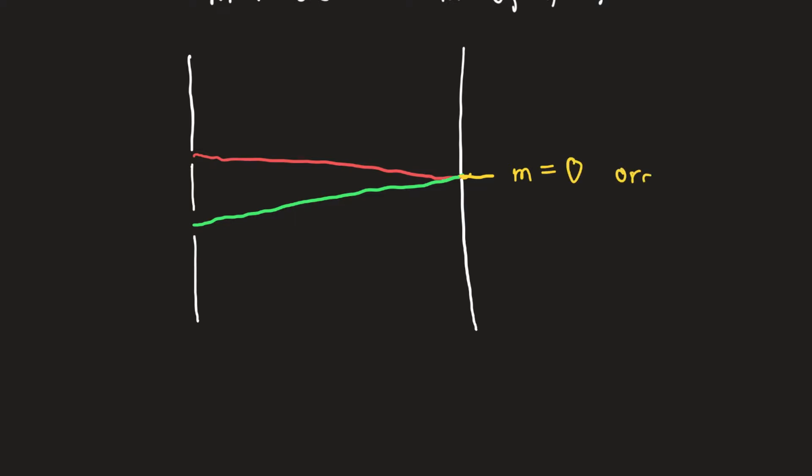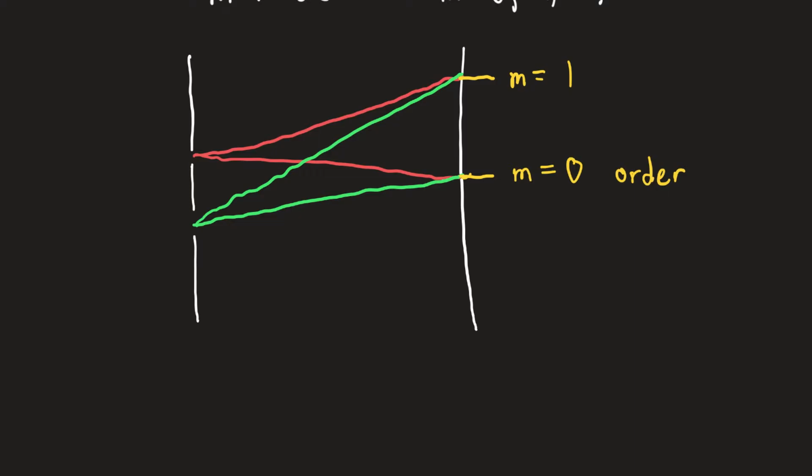This is known as the order of your bright spot. Then we can have the top wave go through and hit the back screen, and the bottom wave go through and hit the back screen as well, except this bottom wave has to travel a little bit further because it's a little bit further down. So these two waves are going to combine and give us a bright spot here, and that will be the m equals 1 bright spot.